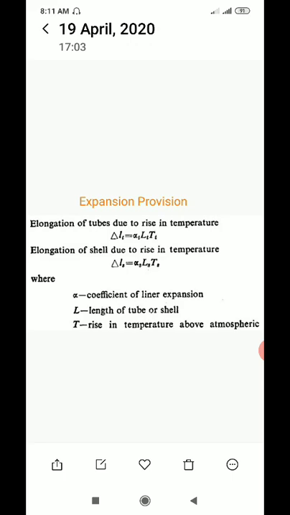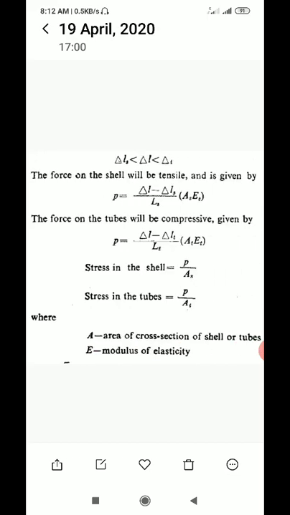If the temperature of the tube is greater than the temperature of the shell, then the tube will elongate more than the shell. Assuming the same material of construction for tube and shell, assume delta L is the mean elongation, then delta LS is less than delta L is less than delta LT.